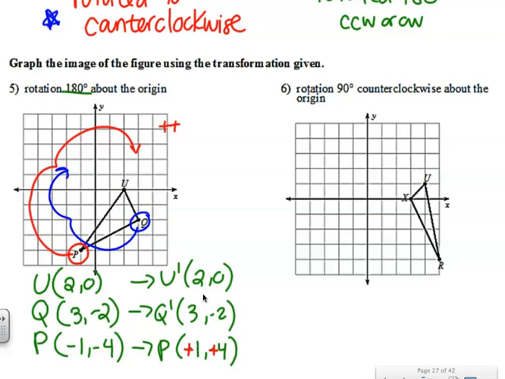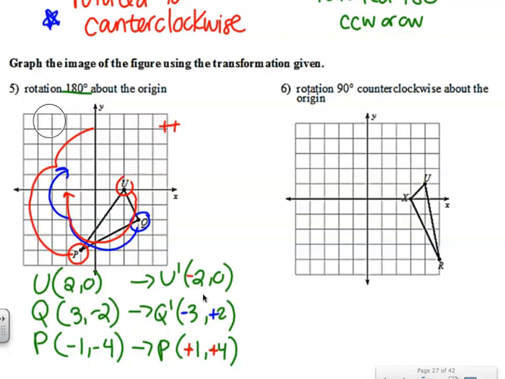So it is now sitting in the negative, positive quadrant. So I need to make Q a negative and then a positive. And then U needs to move and go 1, 2. So it needs to sit on that axis over there and be at a negative 2 and a positive 0.